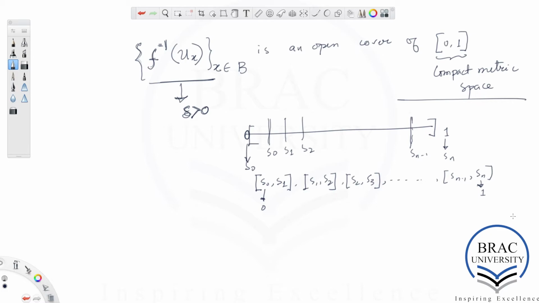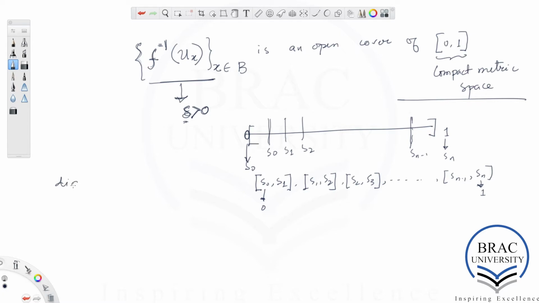We are going to partition [0, 1] fine enough so that each of these subintervals' length is going to be less than delta. The lengths of the subintervals are precisely the diameters of the corresponding sets.